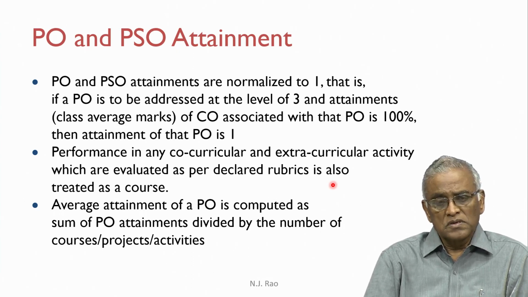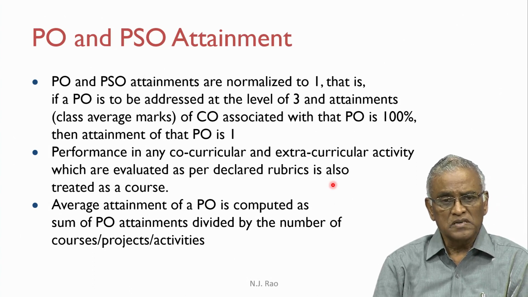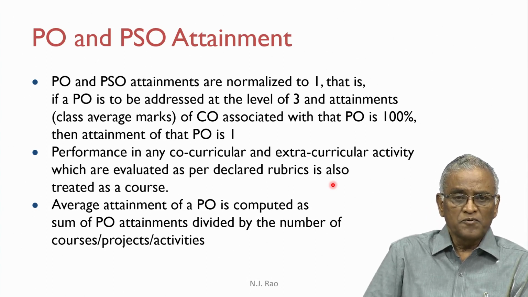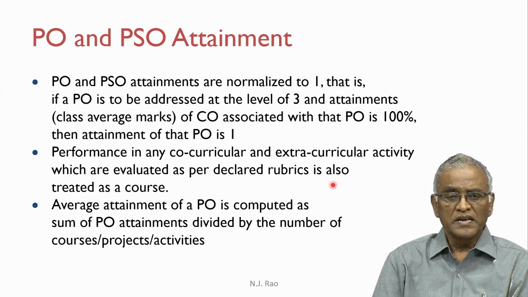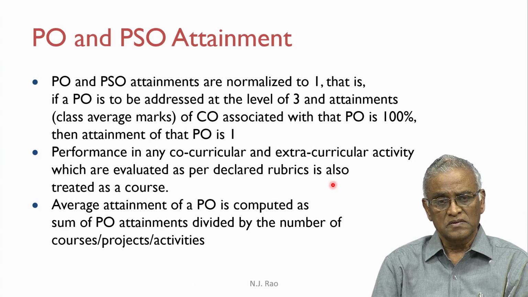And what we do is we list all the courses, core courses, projects, extracurricular activities, presentations, everything we list, and compute the attainment of POs associated with each activity and then take the average. But when we compute the average we take the total number of courses, projects and activities.